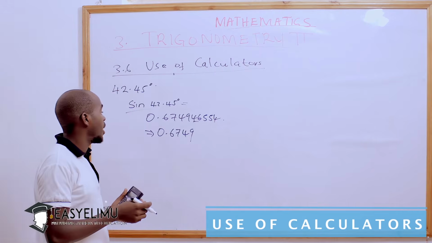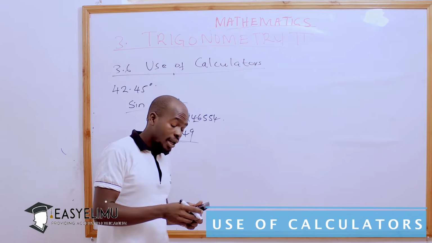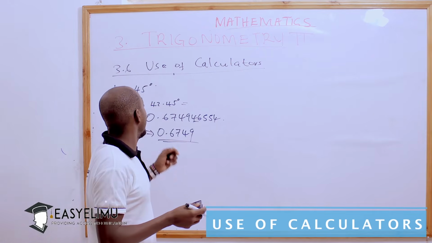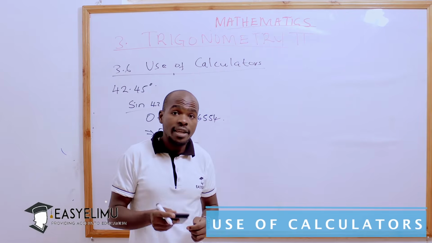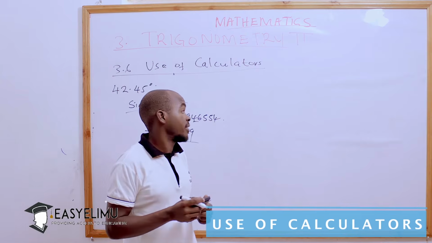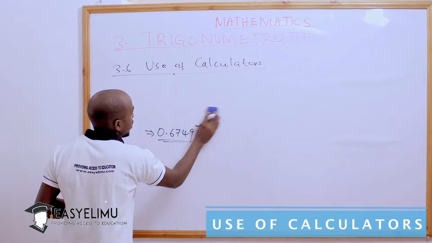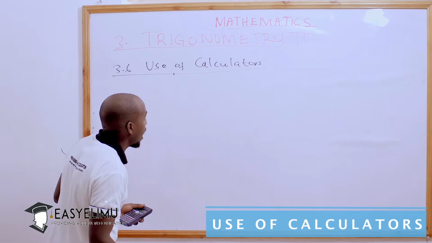So meaning you can find any given sine, tangent, or cosine of any angle using a calculator. On the other hand, you may be given a ratio and asked to find the angle theta.